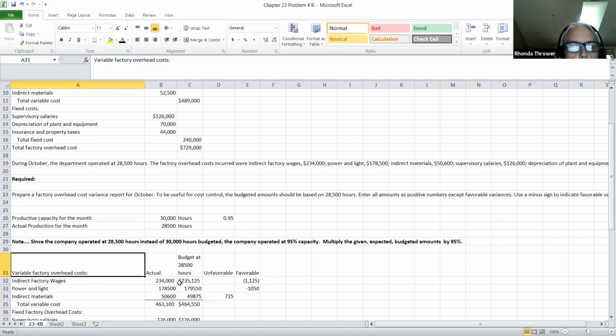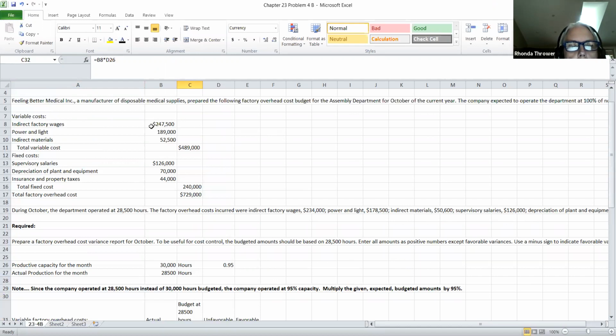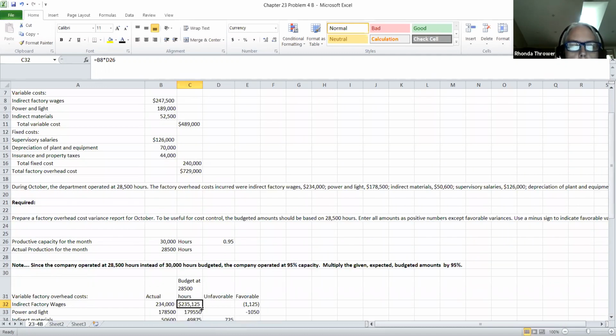So in other words, for indirect factory wages, the indirect factory wages at 100% capacity is 247,500. If you multiply it by 95%, that will give you the budgeted amount at the actual hours that you used.